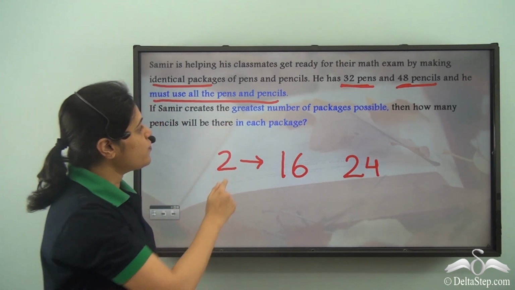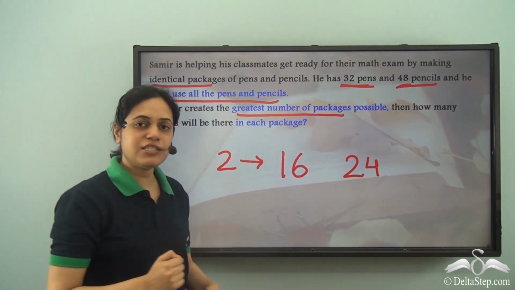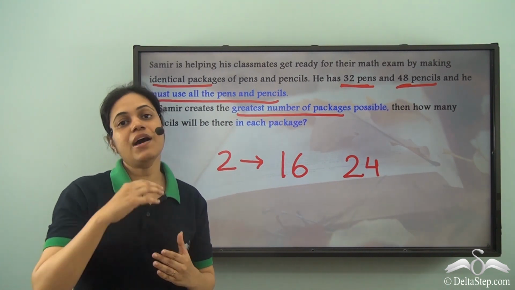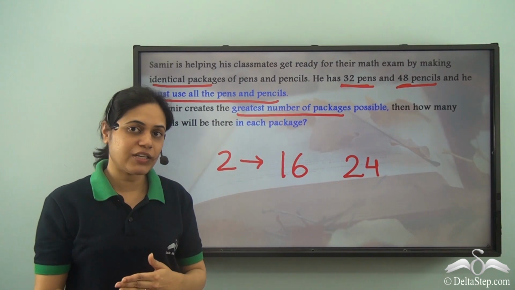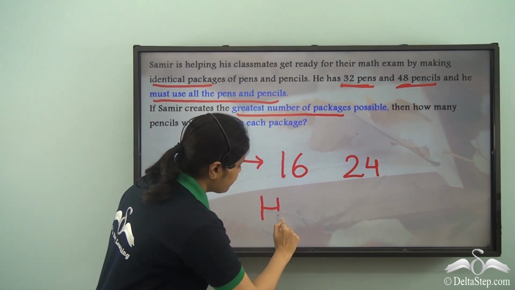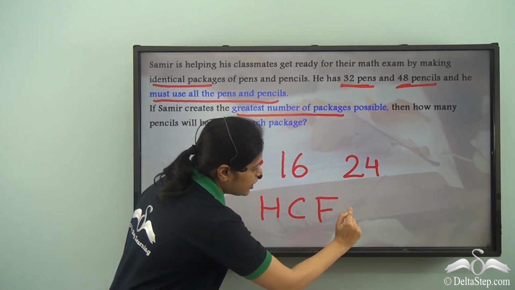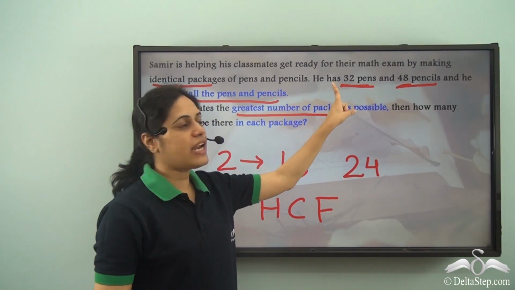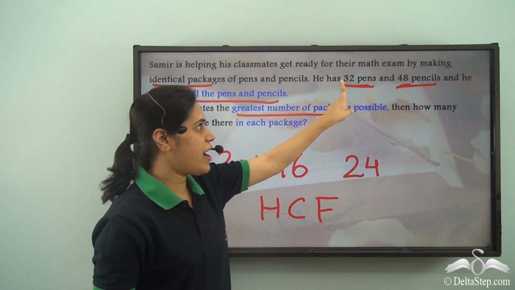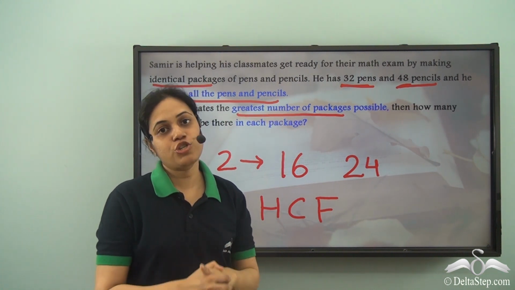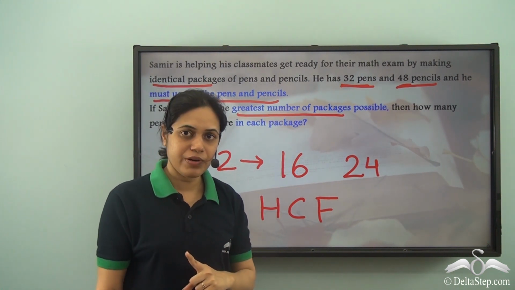Now, he wants to make the greatest number of packages possible, so it should be the highest among the common factors of 32 and 48. So it should be the HCF of 32 and 48. Why? Because the number of packages should divide 32 and 48 both. Also, it should be the greatest such number.